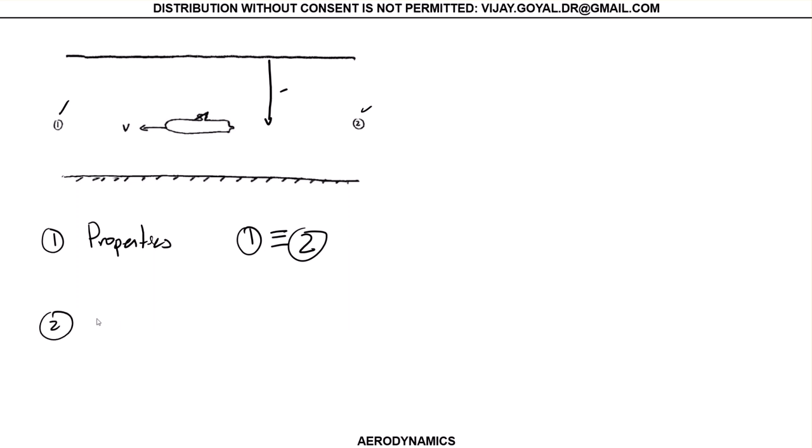Number two, let's assume the fluid is an ideal fluid. There are a couple of consequences of assuming the fluid is ideal. If you recall, if it's ideal, that means it is incompressible and inviscid.